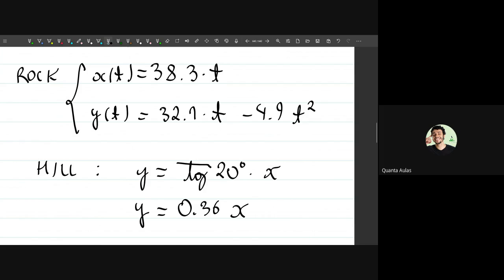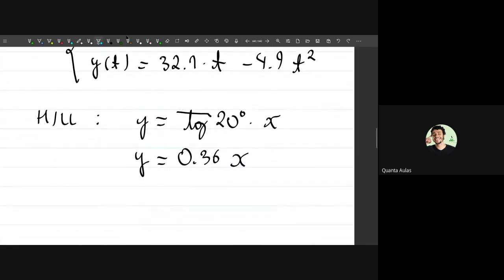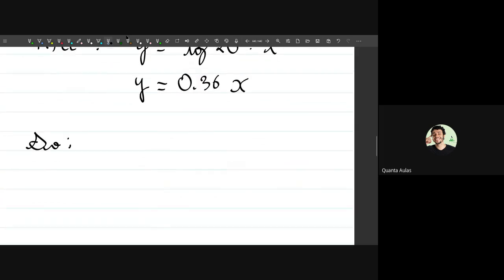But I can use this equation here to create one equation only. In other words, I can use this and this to obtain an expression for the hill as a function of time. If I substitute this here, I will get an equation for the position of the hill as a function of time.